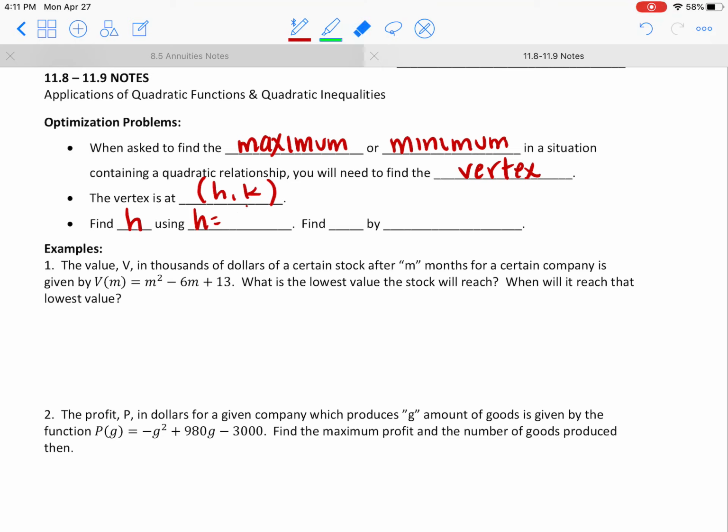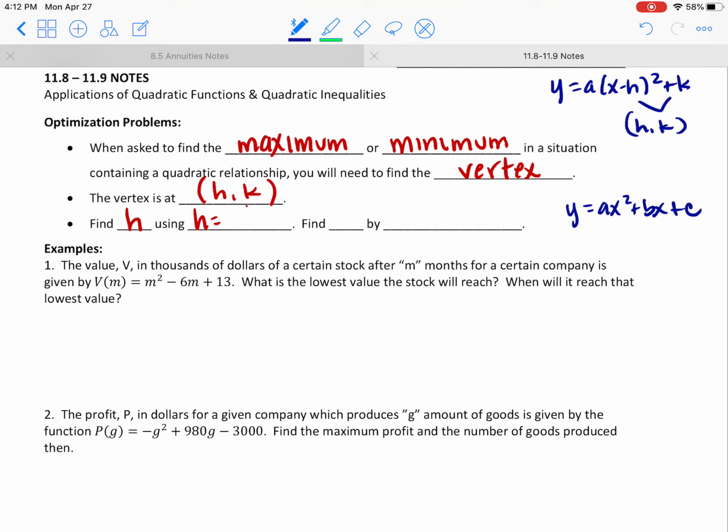And remember our vertex, we used the letters h and k to symbolize where we were. And we said we could always find h using the formula, negative b over 2a, unless we were given the vertex form, right? Remember vertex form was a(x minus h) squared plus k.